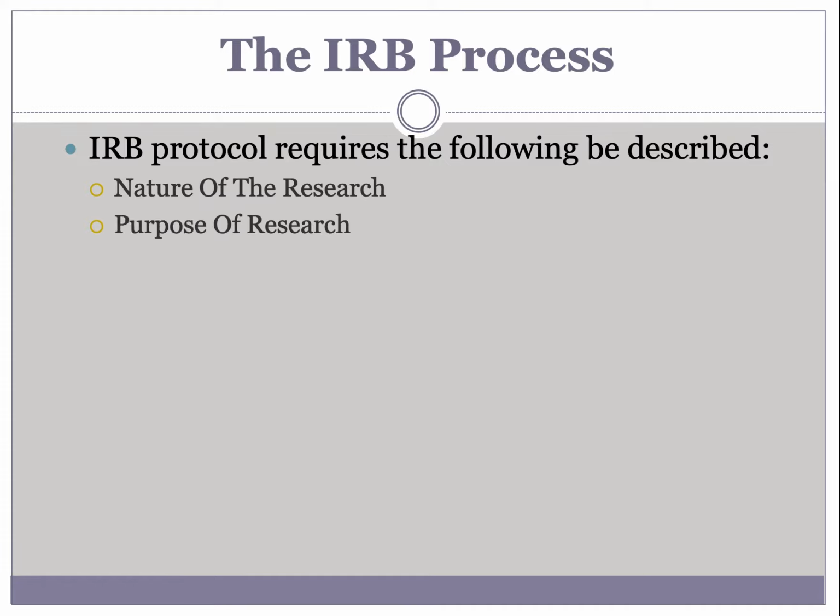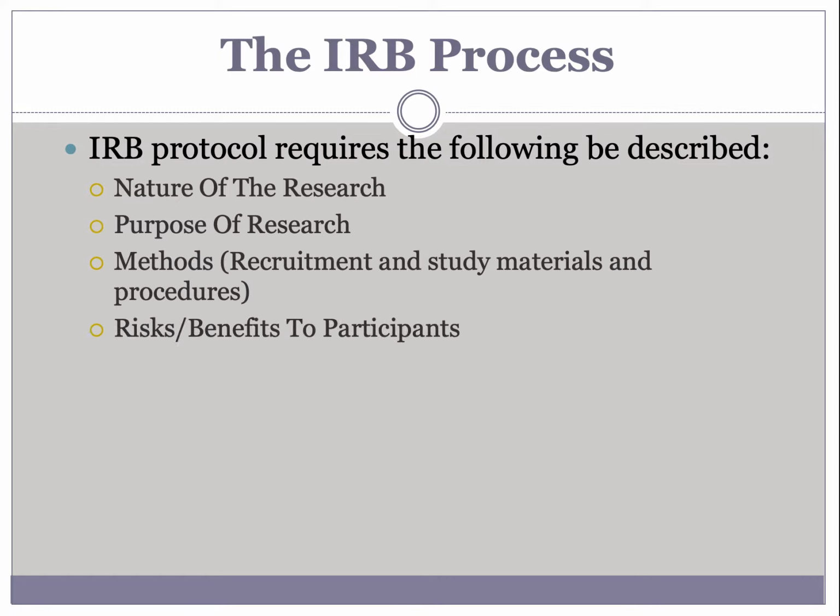An IRB protocol requires the following to be described in your application. So the nature of the research, the purpose of the research, the methods that you'll employ, that includes recruitment and study materials, all your procedures.